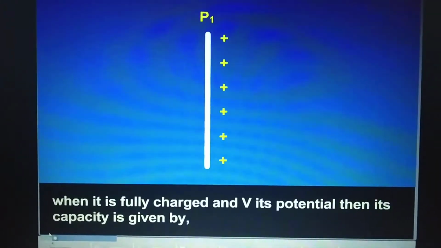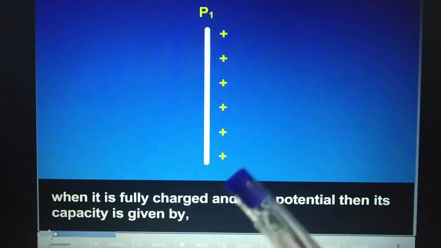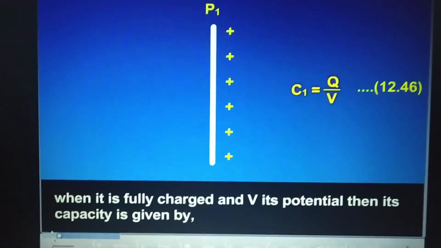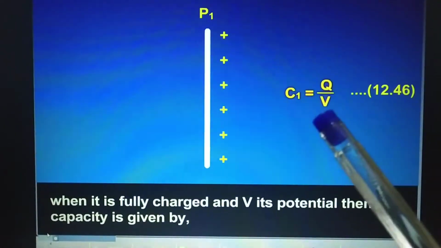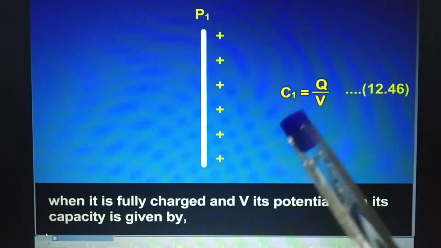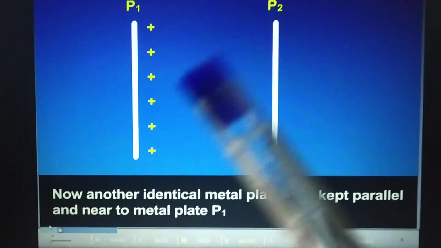When it is fully charged and V is its potential, then its capacity is given by C1 is equal to Q upon V, where C is the capacitance of the conductor, Q is the charge and V is the potential.